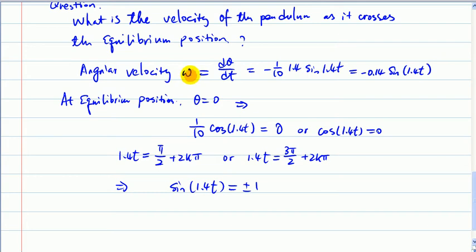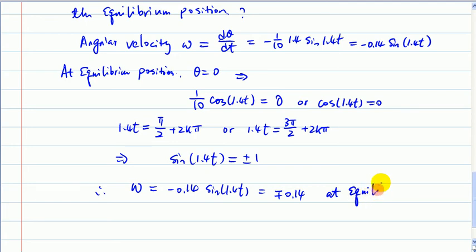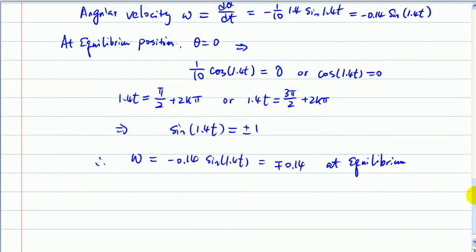But I can calculate the angular velocity at the equilibrium position, because omega, the angular velocity, equals negative 1.4 sine 1.4t, which is plus or minus 1.4 at equilibrium. Now it's time to talk about the translational or linear velocity.